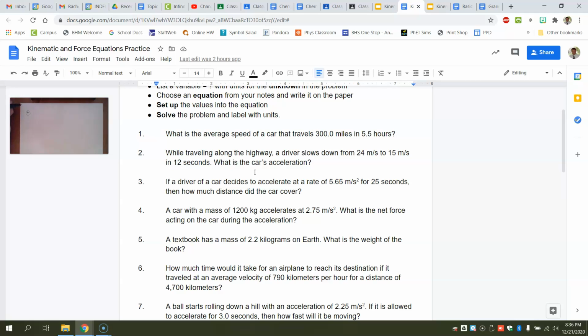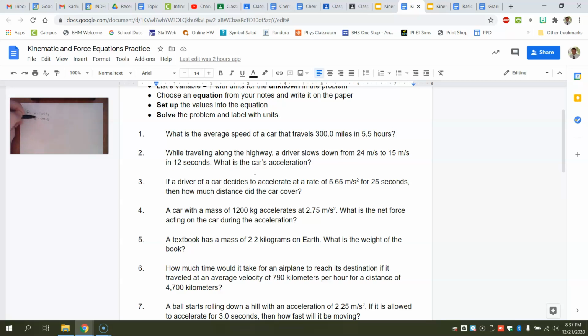It says a car with a mass. So M is the symbol that represents mass. And it's 1,200 kilograms. And it accelerates. So we have an acceleration of 2.75 meters per second squared.